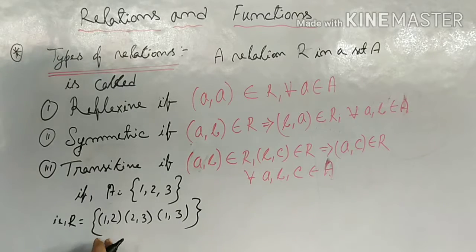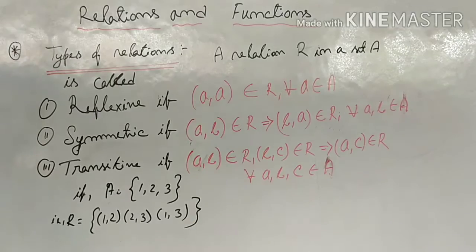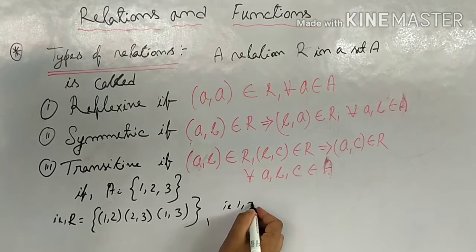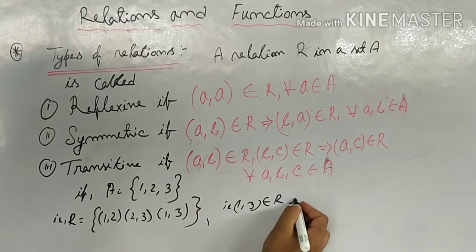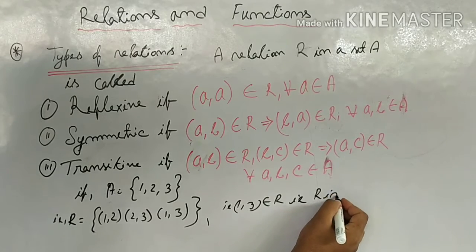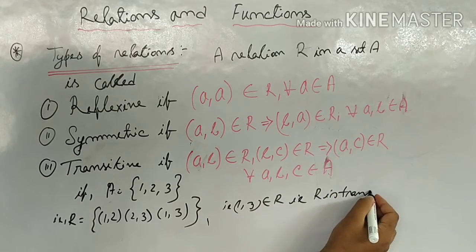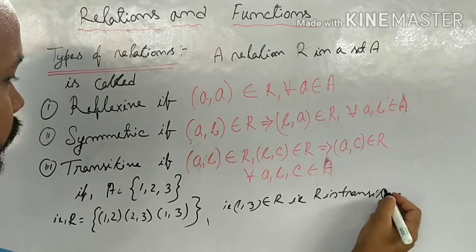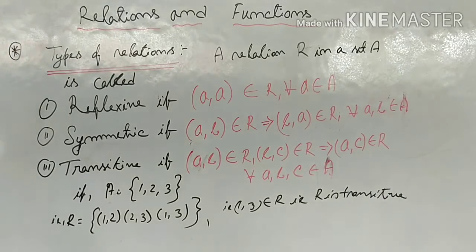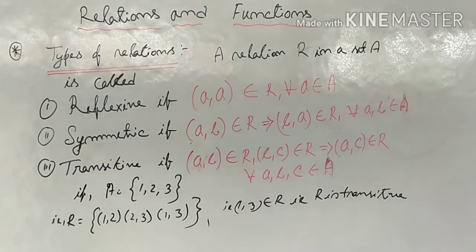See, (1, 2) and (2, 3) are there, so we get (1, 3). Therefore (1, 3) belongs to R, and R is transitive. All of you understand when a relation is called reflexive, symmetric and transitive?